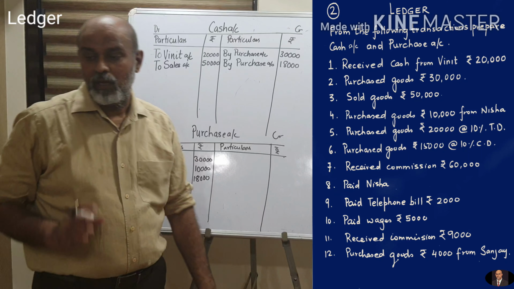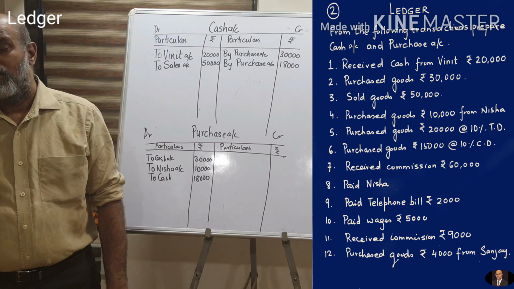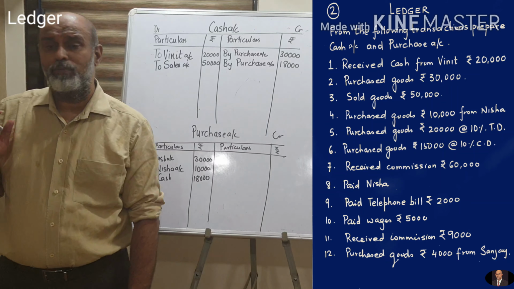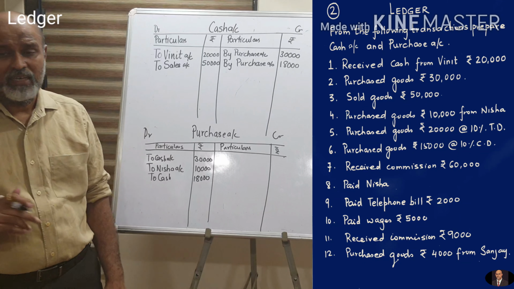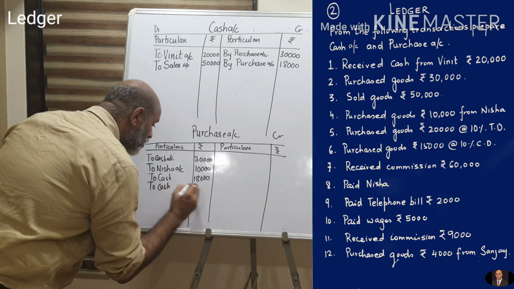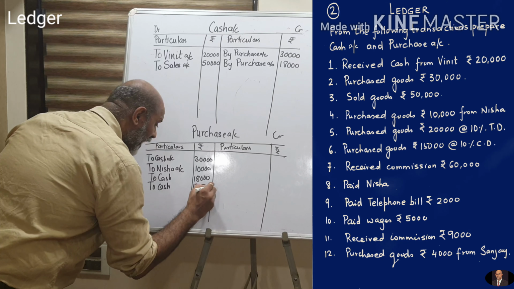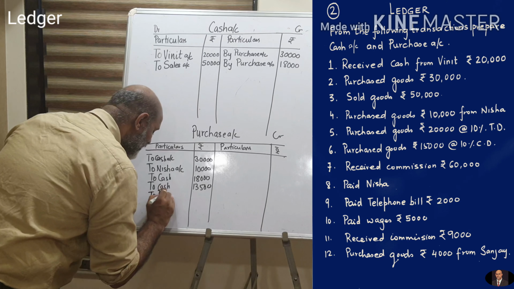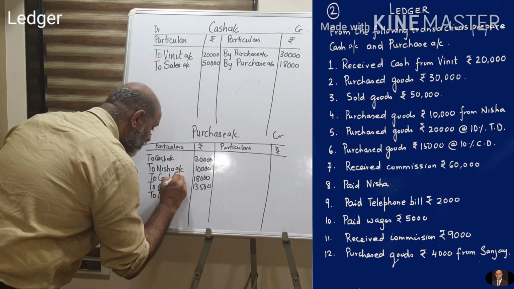The next is purchase goods rupees 15,000 at 10% CD. So it will be to cash 13,500 and to discount. You are receiving a discount here.